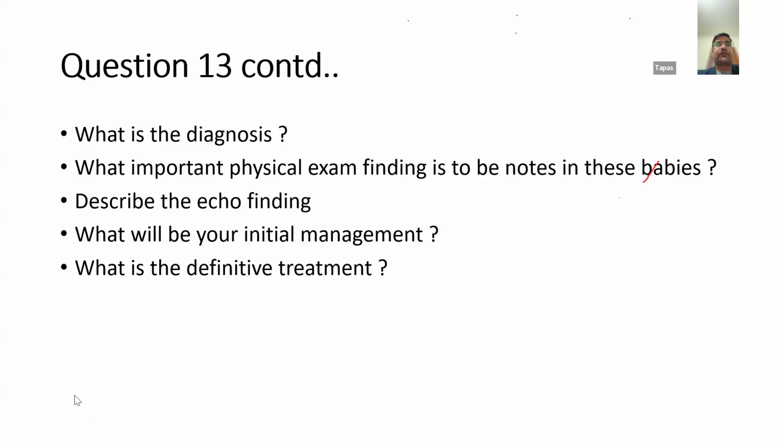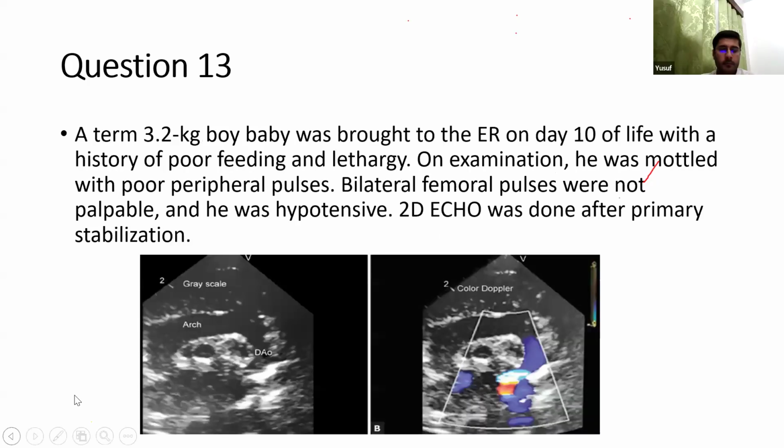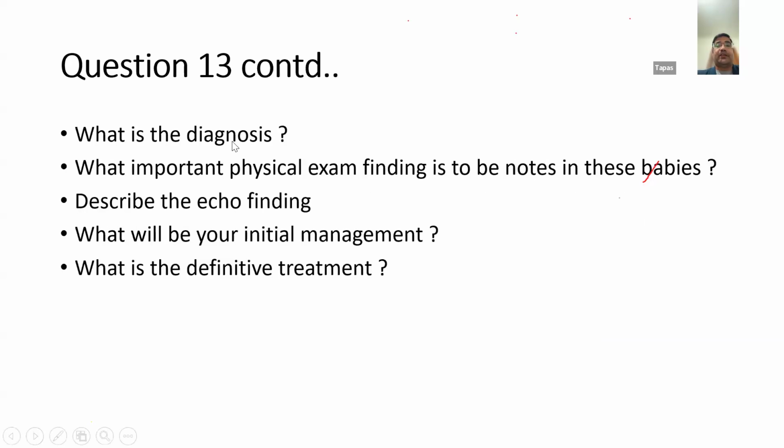Turbulence. Okay. And what will be the initial management of this baby? Isthmus narrowing. Okay. What will be the initial management? PGE1. And what is the definitive treatment?